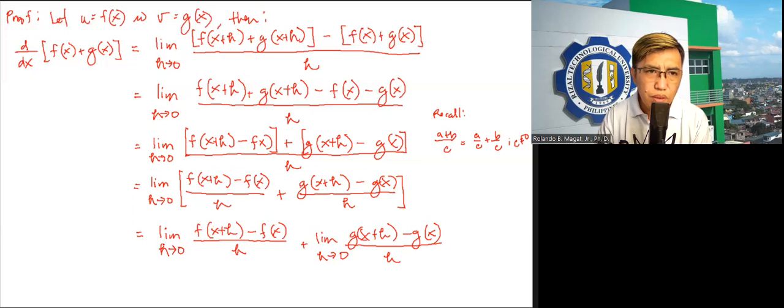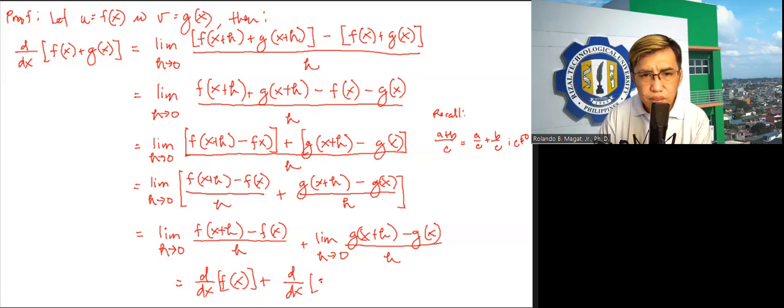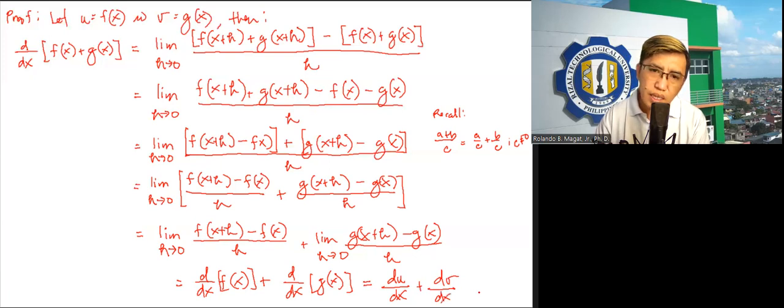So we know that the first term is just written as d over dx of f of x, plus this one is d over dx of g of x, which implies that what we have is du over dx plus dv over dx. And this ends our proof.